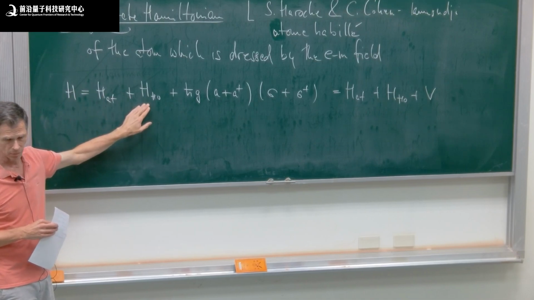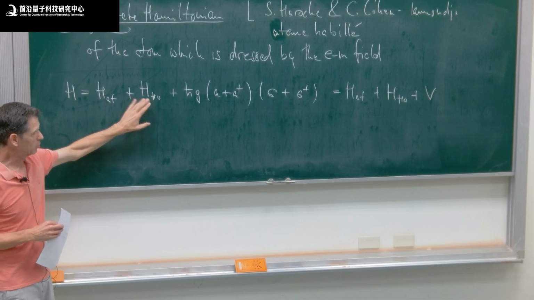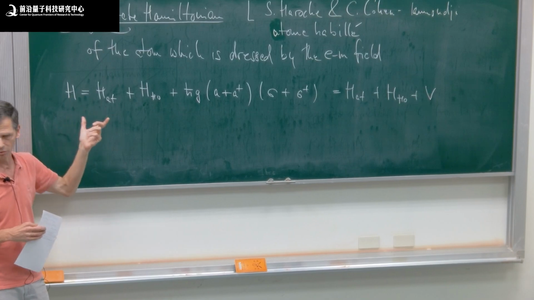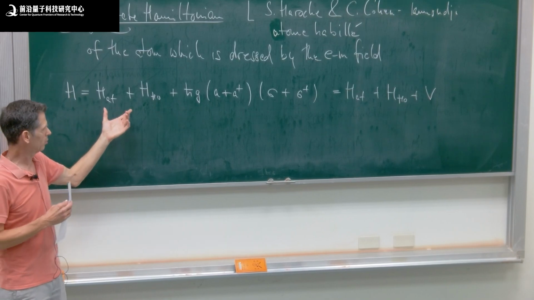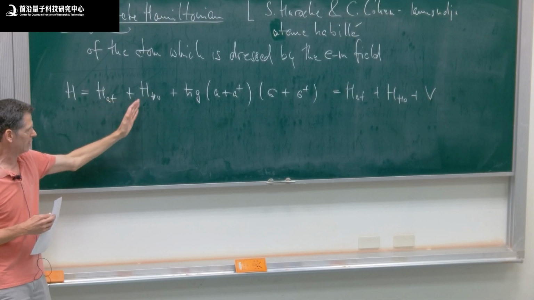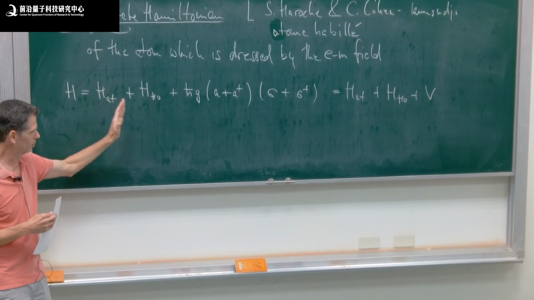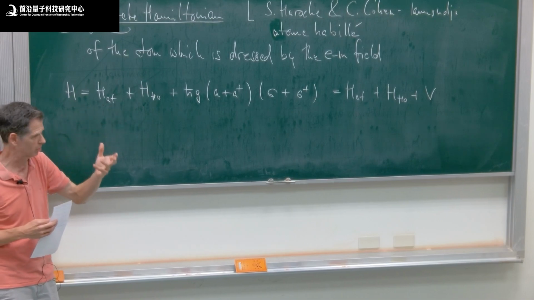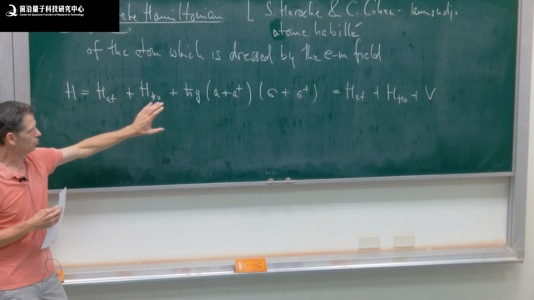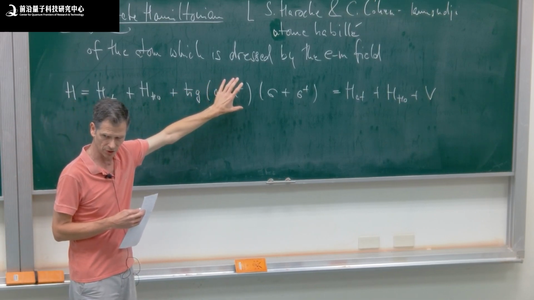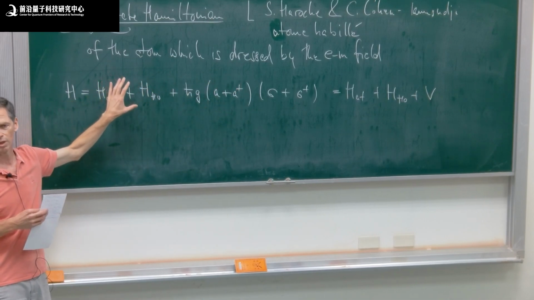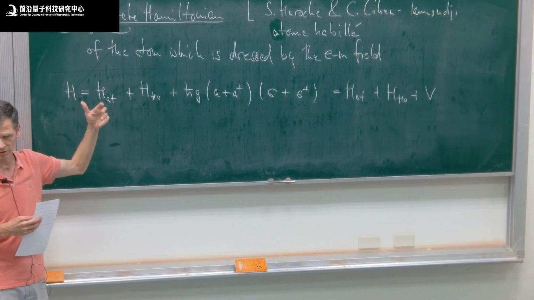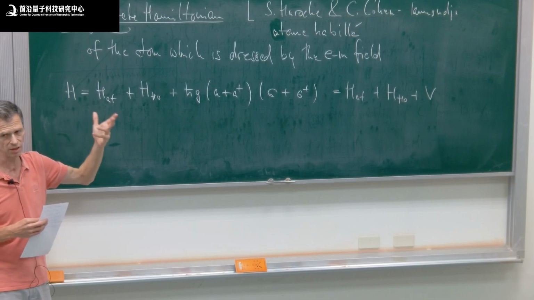Likewise for the quantized harmonic oscillator, but we do not yet know how the total system composed of these two degrees of freedom would generally evolve in time. Therefore, given that we assume that the dynamics generated by the atomic Hamiltonian and by the harmonic oscillator Hamiltonian is already known, which is in some sense the trivial part, we split the time evolution induced by the interaction part of the Hamiltonian from the time evolution generated by the unperturbed part of the harmonic oscillator and of the atom. And for this we use what is known as the interaction picture.